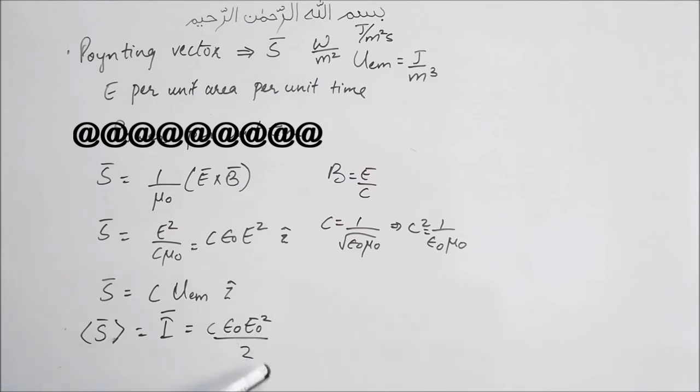So we get half, the amplitude squared is E naught squared, and C epsilon naught remains as it is. So I is C epsilon naught E naught squared by 2, in the same direction as S, that is the Z hat direction. In terms of the magnetic field we can write this as C B naught squared upon 2 mu naught, again in the Z hat direction.